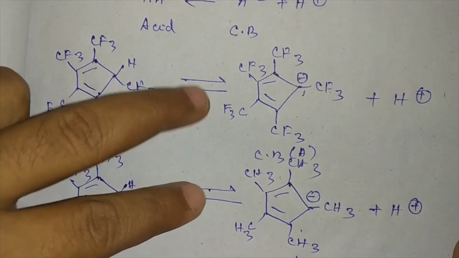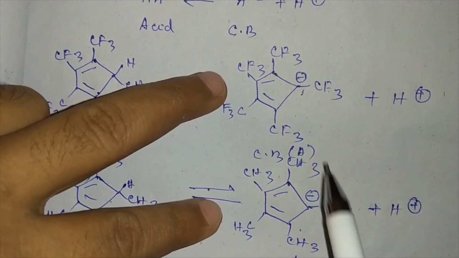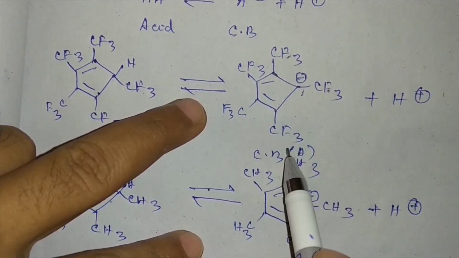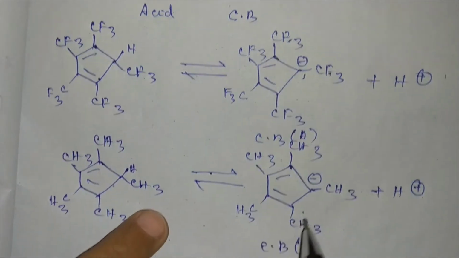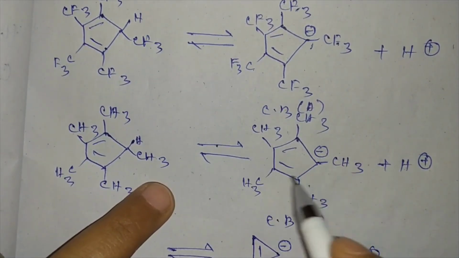Now if we compare the stability of these two anions, then we can see here that 5 CF3 groups are attached to this carbon anion, and here 5 CH3 groups are there.